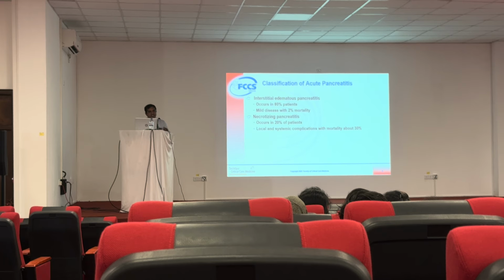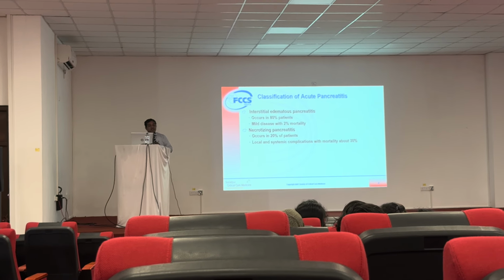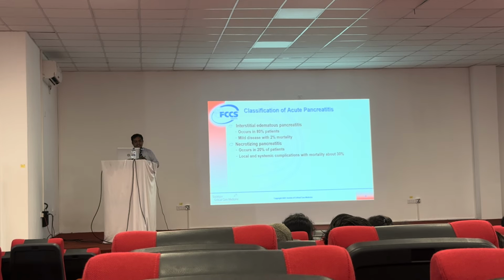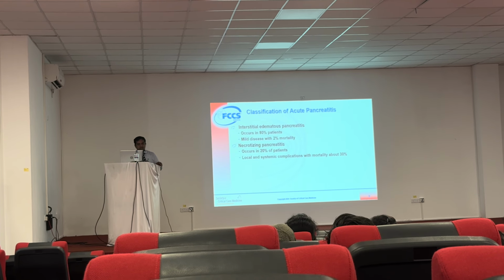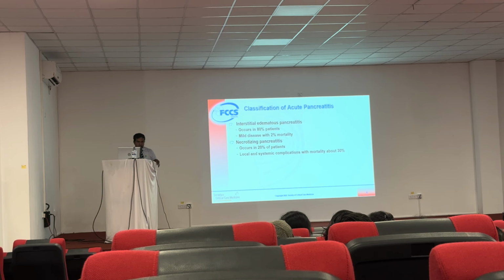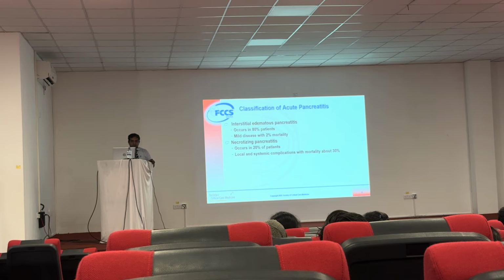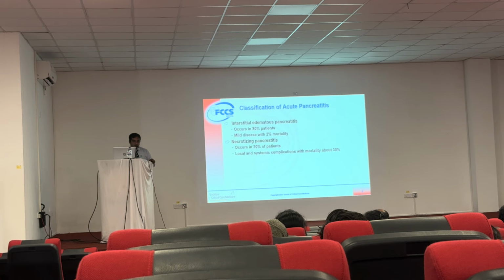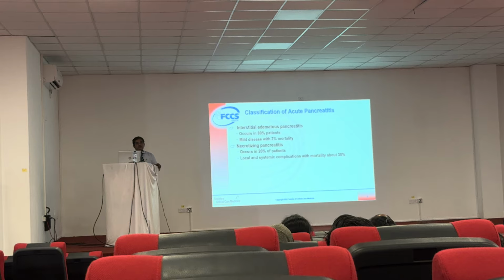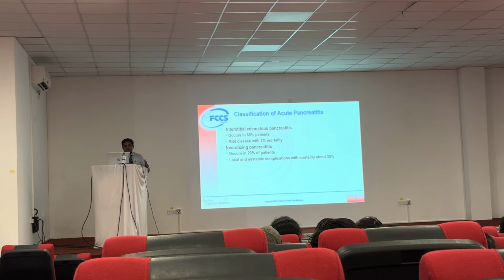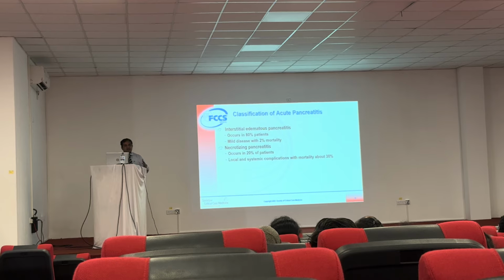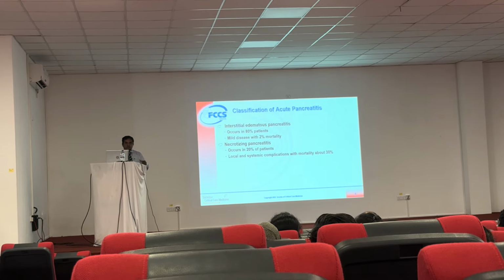If you want to classify pancreatitis, you can divide it into two. One is interstitial edematous pancreatitis, that is common and occurs in approximately 80%. Mild disease, 2% mortality. So most of the time you can manage at ward level. From a critical care point of view, you are unlikely to see this patient in the ICU.